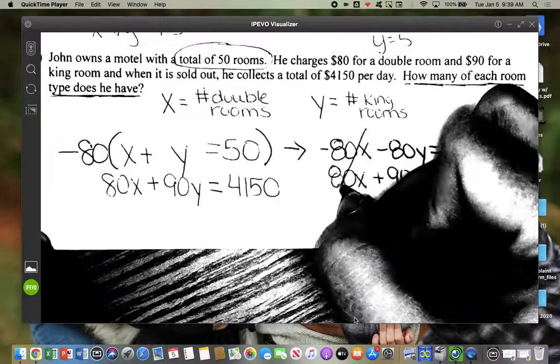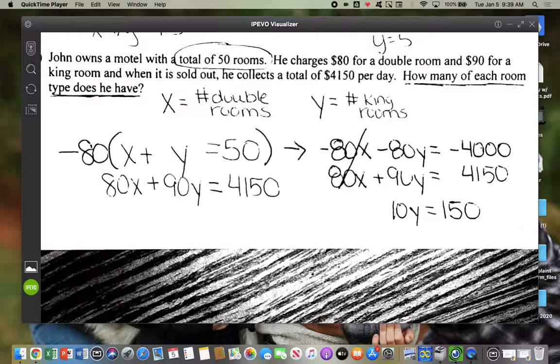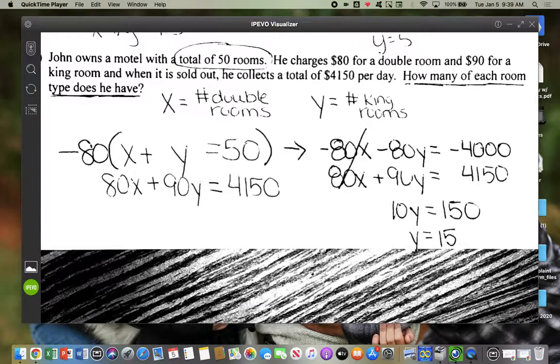So then whenever we eliminate, we get 10y equals 150. So divide that by 10, and we got 15. So if that tells us that y is equal to 15, what do we know? What did we just solve on this problem? All right, we have 15 king rooms.